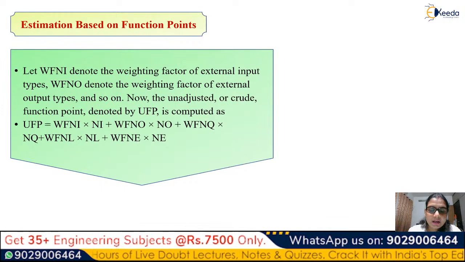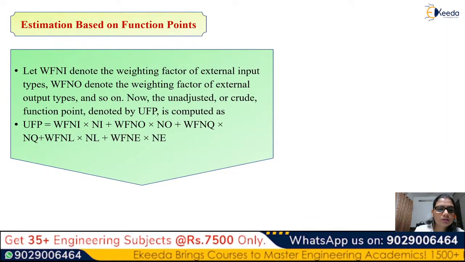So right now, what were the abbreviations we used? NI was the input types, NO was the number of user outputs, external inquiries was NQ, and so on. So WFNI is the weighing factor for your external input, and WFNO is for your external output.